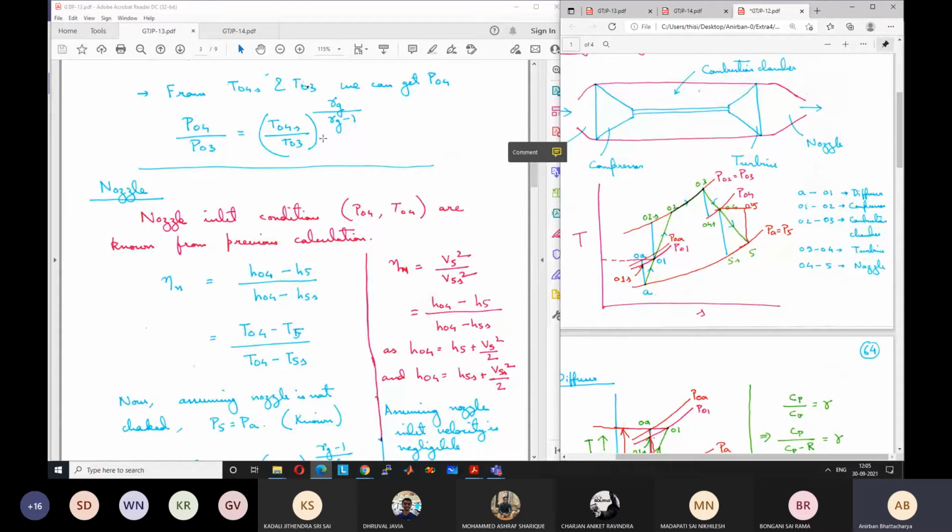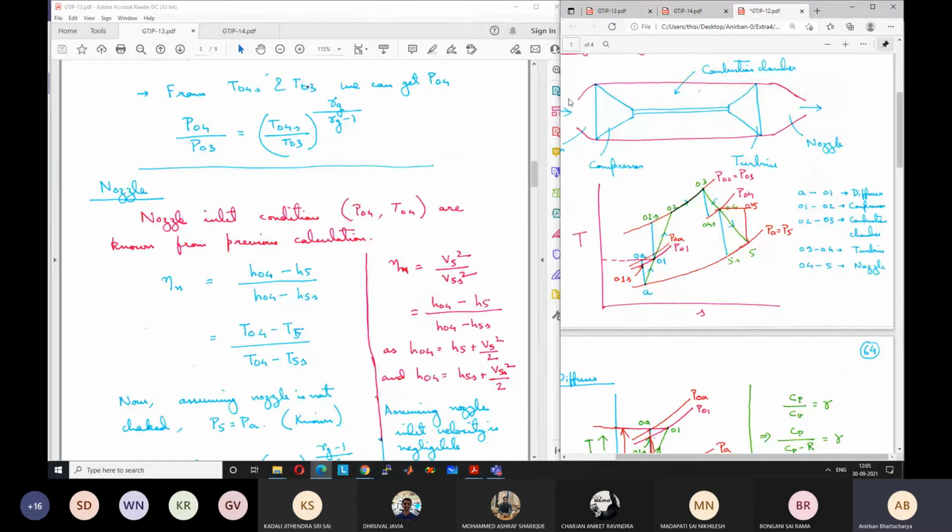Say if the sonic velocity is 400 meters per second, the exit velocity may be 300 meters per second. And the inlet velocity to the nozzle is negligible, very small. This change in kinetic energy from the inlet to the exit occurs due to the reduction of enthalpy in the nozzle.